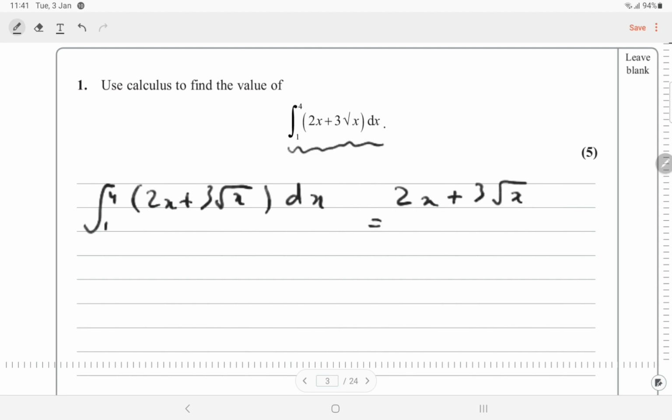So this could be rewritten as 2x plus 3x to the power half. Okay, so just in case you didn't know, you could write root x as x to the power half, or you could write cube root of x as x to the power a third.